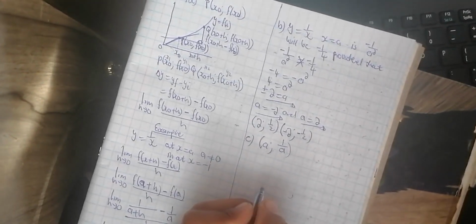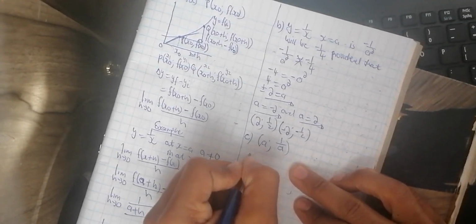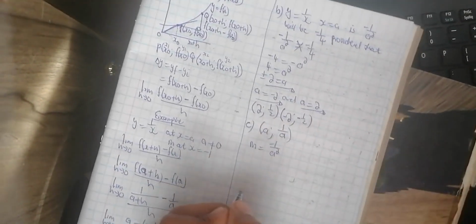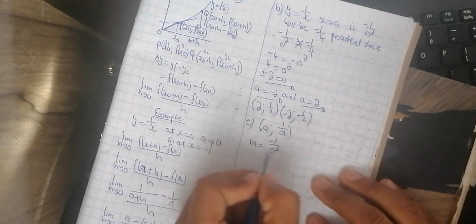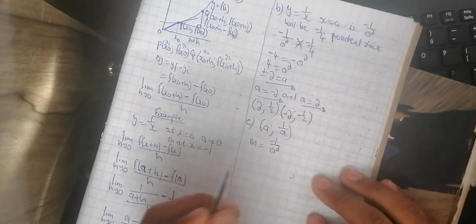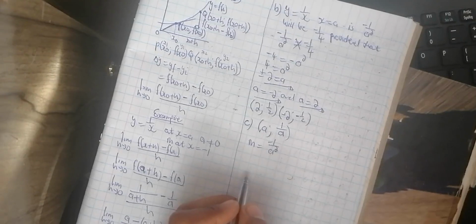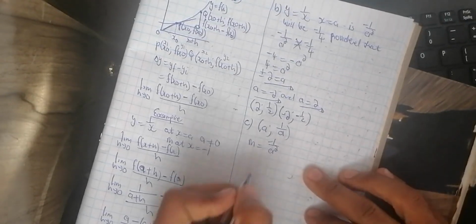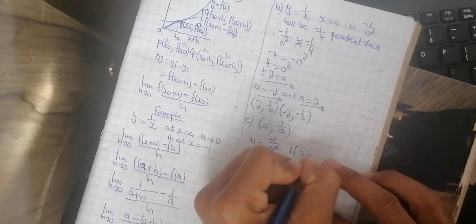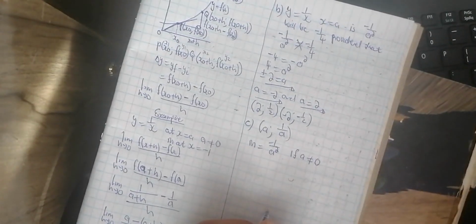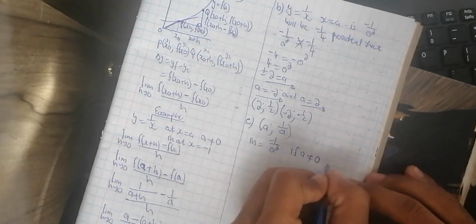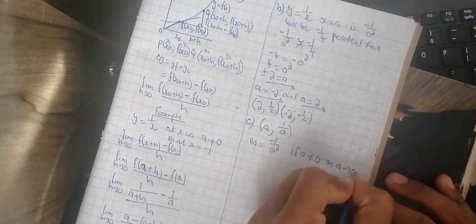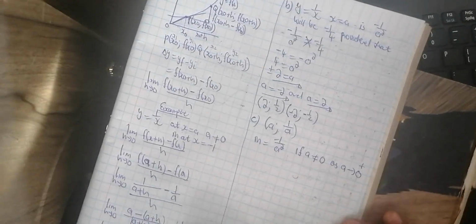Now, we know that the slope, which is the gradient, is equal to minus 1/a squared, and this is always negative. Whether a is positive or negative, it doesn't make any difference. We are therefore saying, if a is not equal to 0, as a approaches 0 from the right.